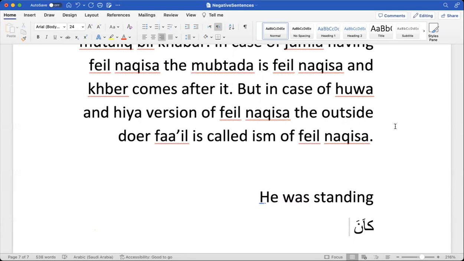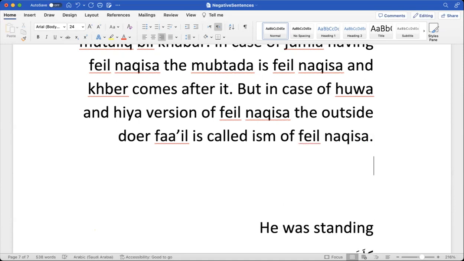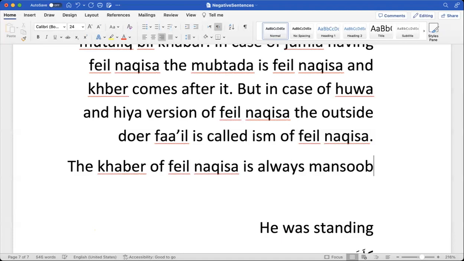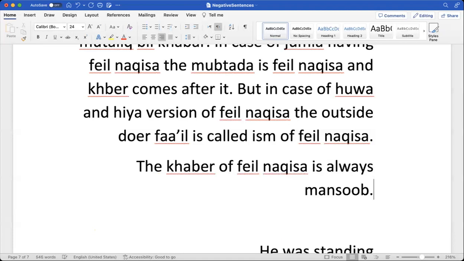Now, one more thing I'll tell you. The khabar of fail naqisa is always mansoob. So in case of jumla ismiya, we have khabar, which is one more rafa in the sentence, correct?